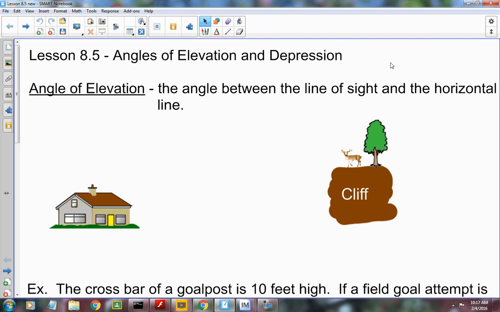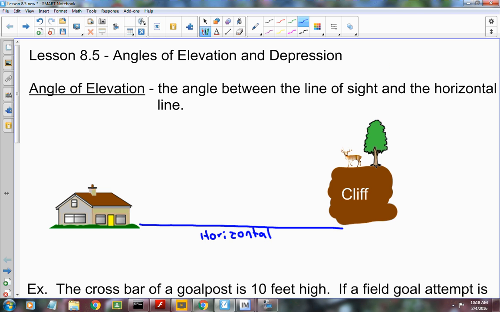So let's say that you are out in the woods at a cabin, and you're sitting on the porch. This is your horizontal line of sight. You hear something in the distance and you look up, and on the cliff you see a deer. So you elevate your eyes up to look at the deer.